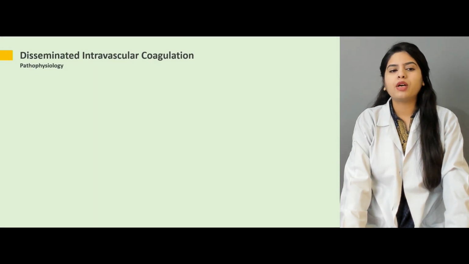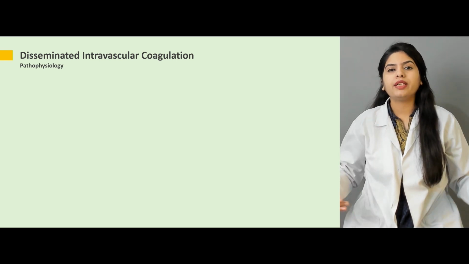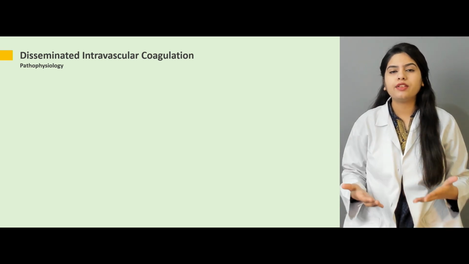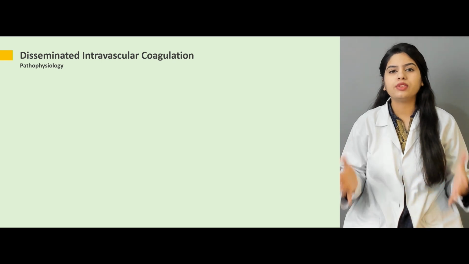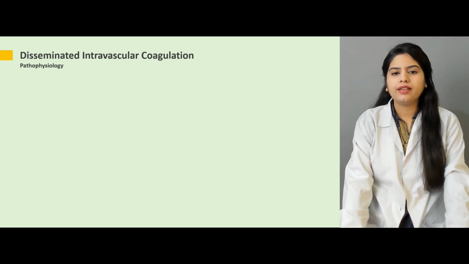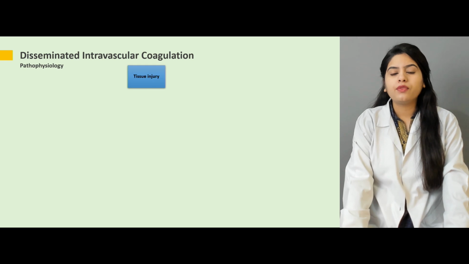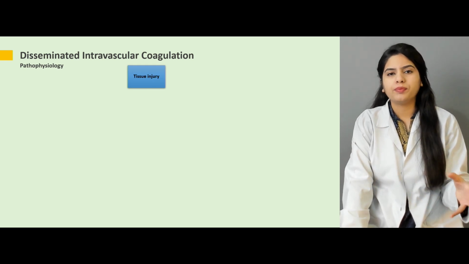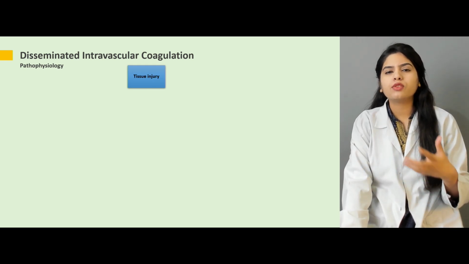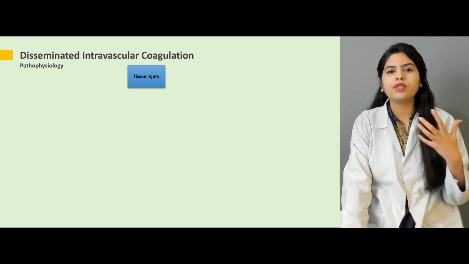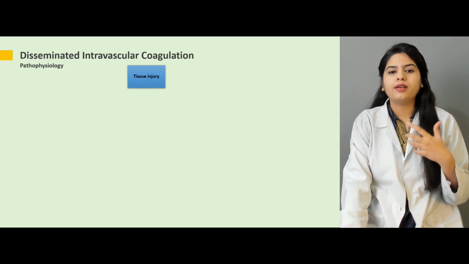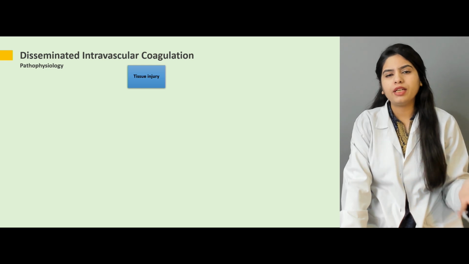Now, if we discuss the pathophysiology of disseminated intravascular coagulation, there can be various external and internal factors that can cause this disease. First of all, there can be tissue injury because of any disease, any kind of inflammation, or maybe a trauma.